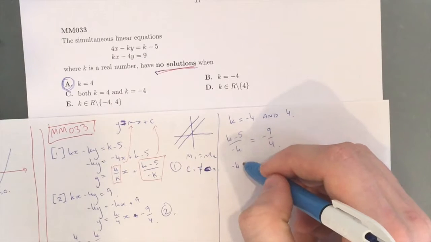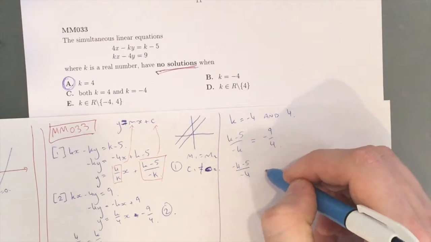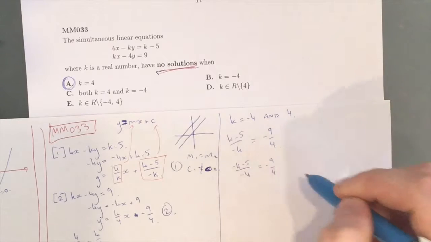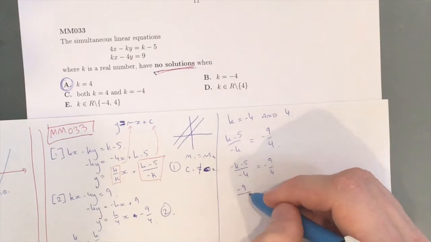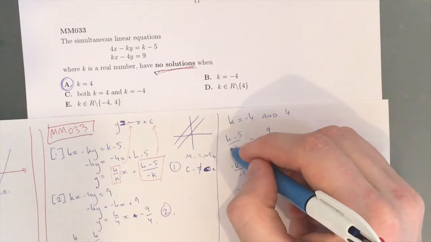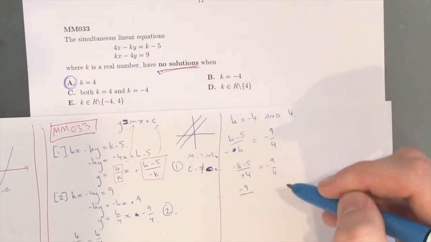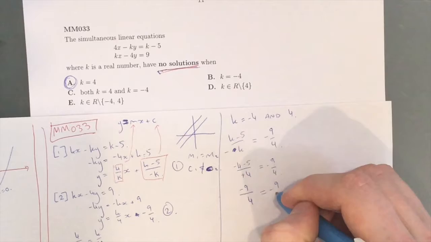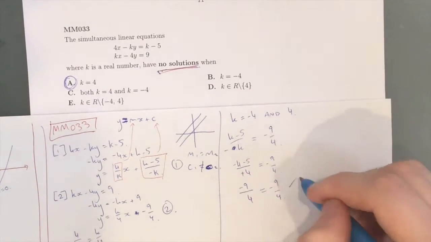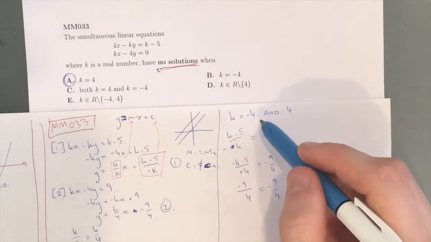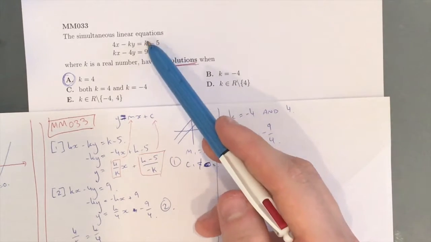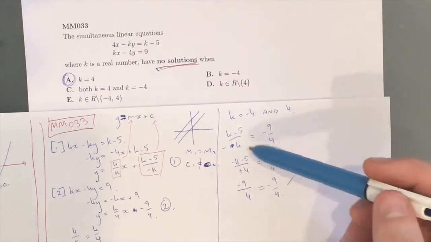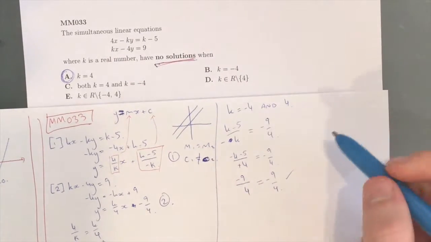We get negative 4 take 5 over negative 4, and that means we get negative 9 over, oh sorry, that's a negative k, so that's a positive 4. And that's true, which means that when k equals negative 4, these two linear equations have infinitely many solutions, which isn't what we're after in this question.